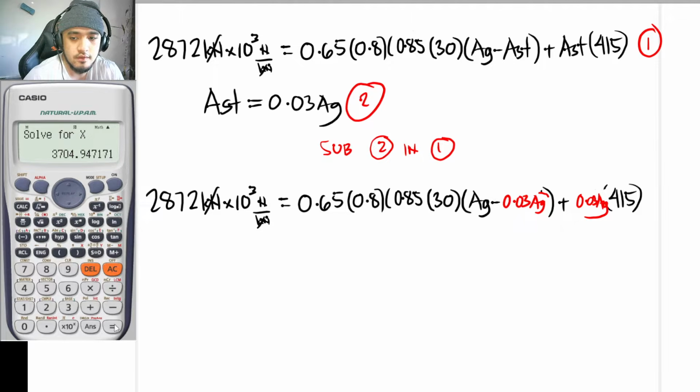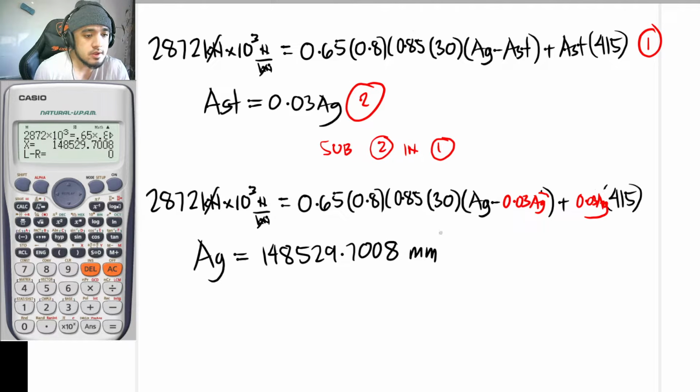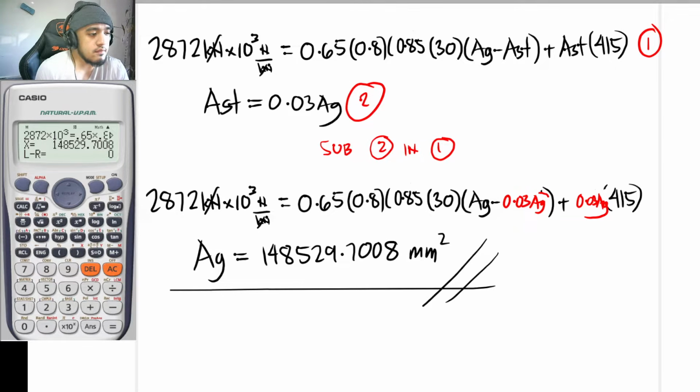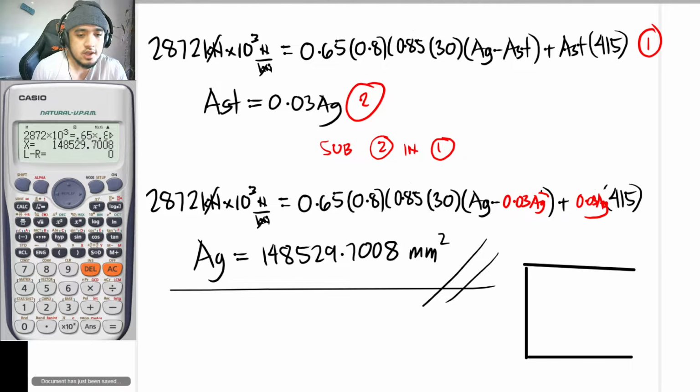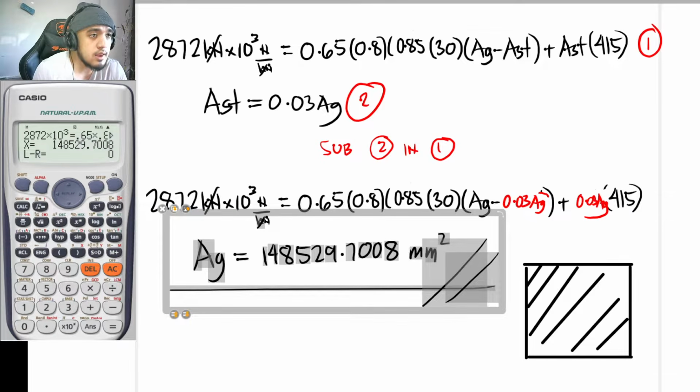Okay, shift solve. My answer here would be 148529. So AG is now equal to 148,529.7008 millimeters squared. What this means is that your square column's cross-sectional area, the entire area of it, should be equal to 148,529.7008. So I will just be copying this once again.